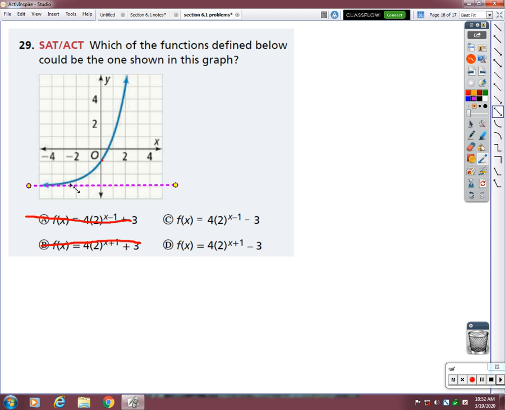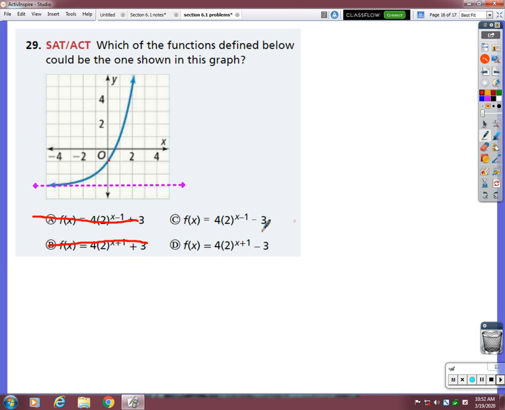Let's just plug in a number. So if I plug in 0 to here, 0 minus 1 is negative 1. 2 to the negative 1 is 1 over 2 to the 1, which is 1/2. Half of 4 is 2, and 2 minus 3 is negative 1, so that fits. If I plug 0 into there, then 0 plus 1 is 1, 2 to the first is 2, 4 times 2 is 8, and 8 minus 3 is 5. So this one is a loser. That one is a winner.